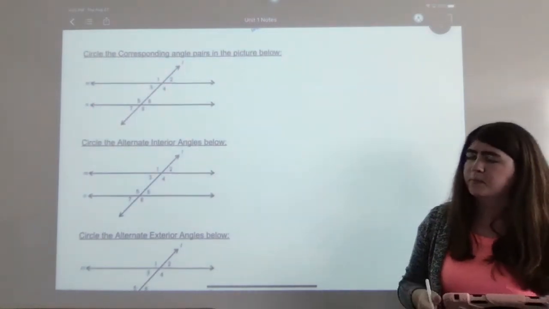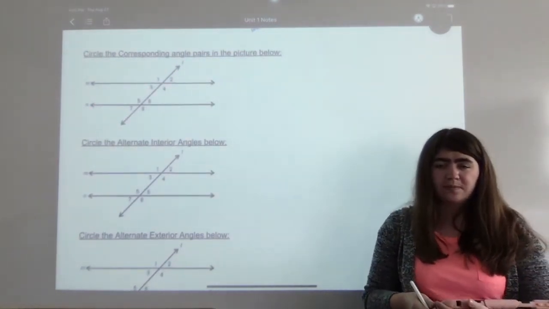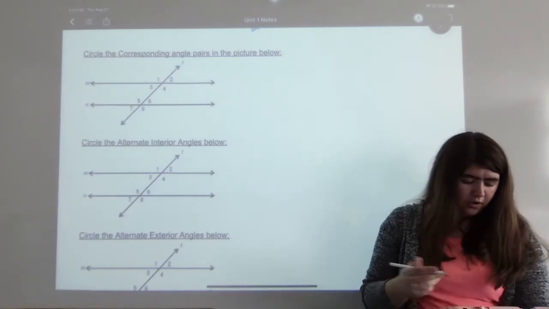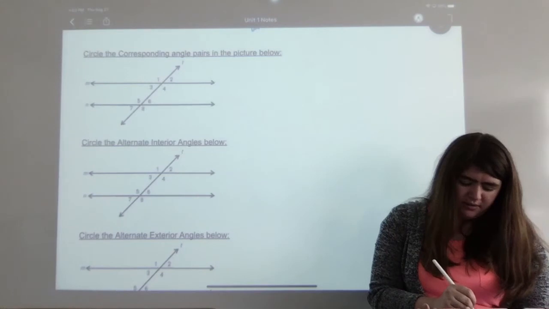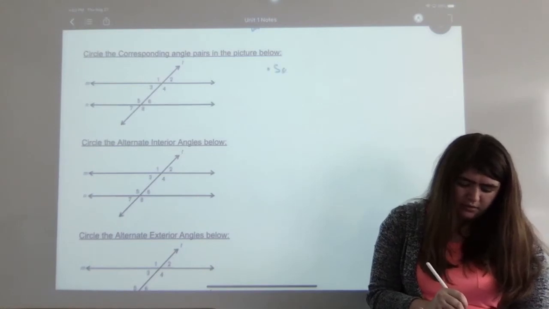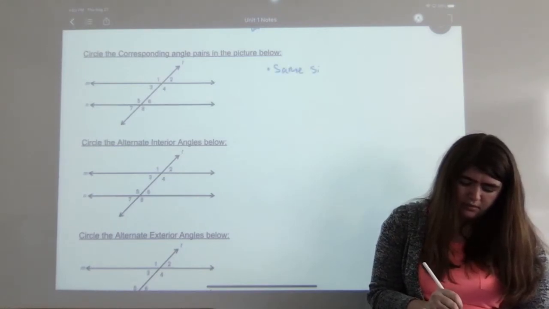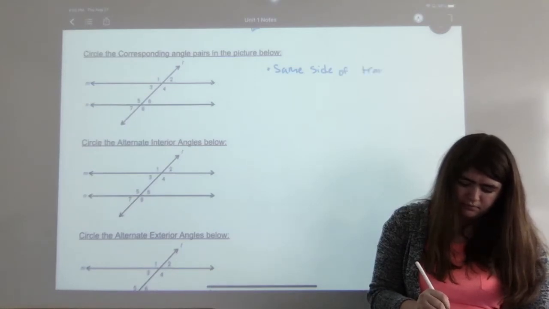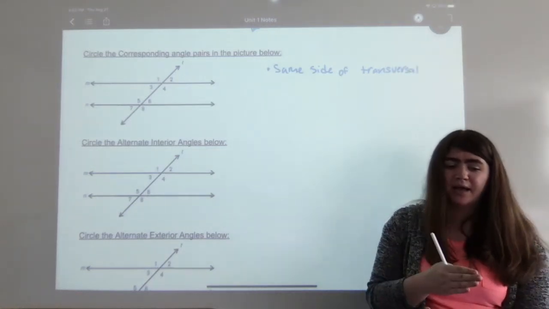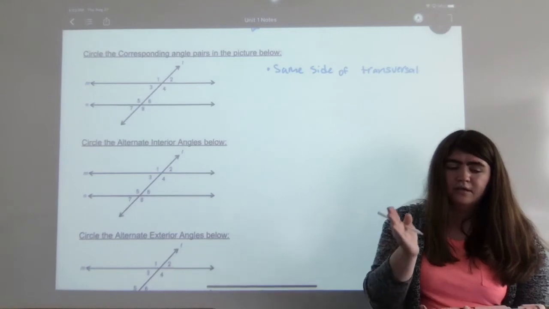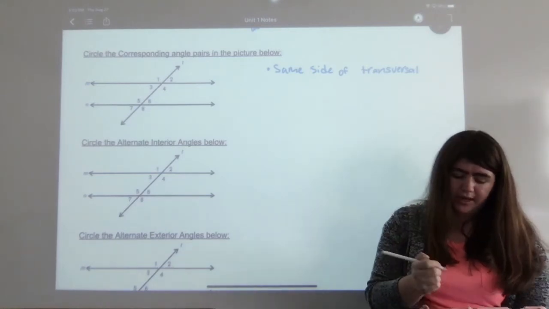We want to circle them. First off, you need to know what corresponding angles are. So corresponding angles are on the same side of the transversal and they are on the same side of the parallel lines.